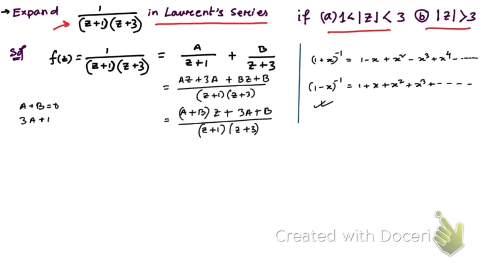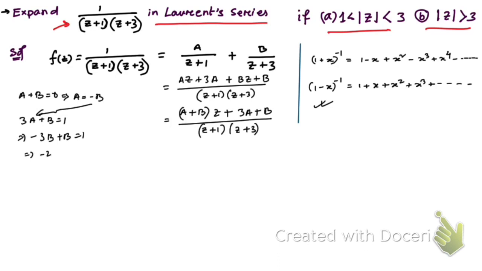3a plus b equal to 1. Now from the first equation, a is equal to minus b. Let me use that value here: minus 3b plus b is equal to 1.